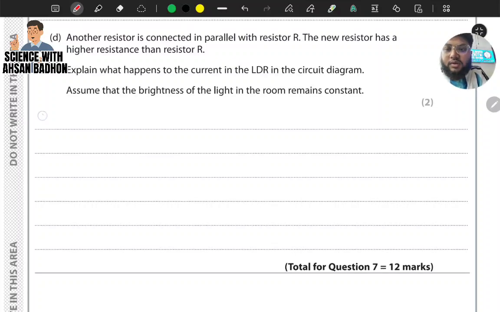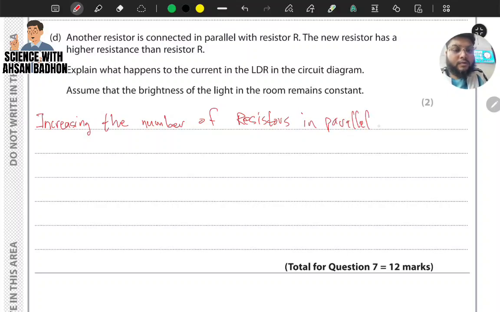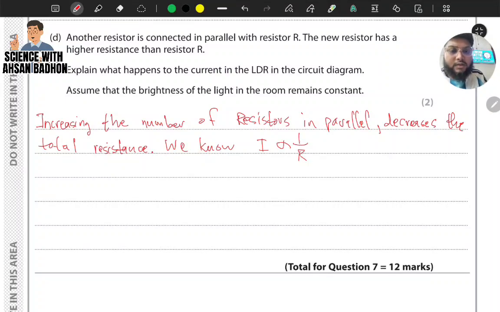Okay, so increasing the number of resistors in parallel decreases the total resistance, and we know that current is inversely proportional to resistance.